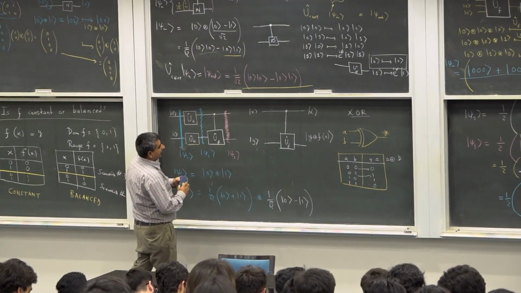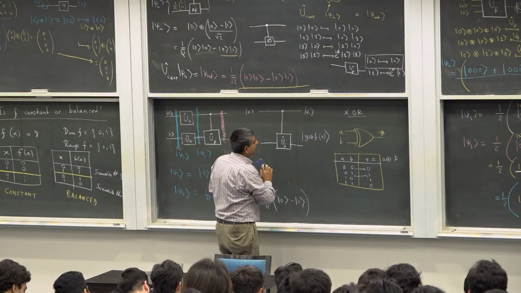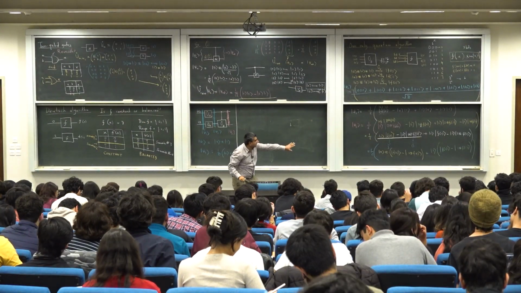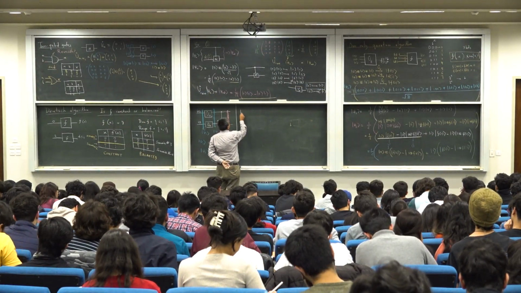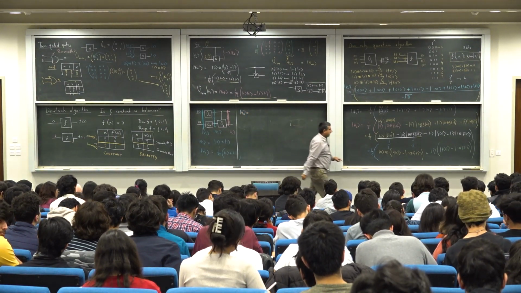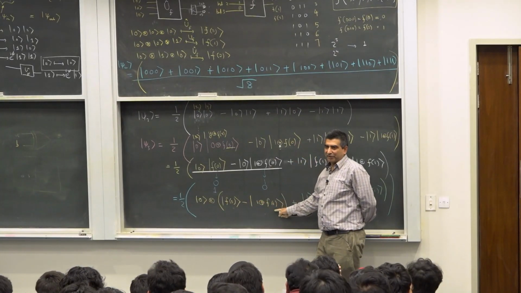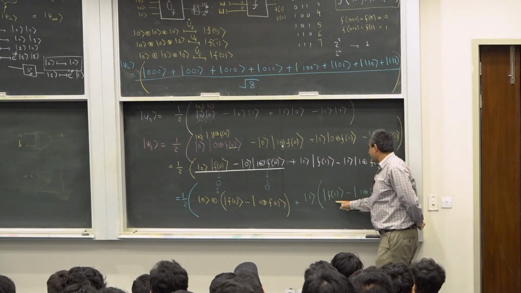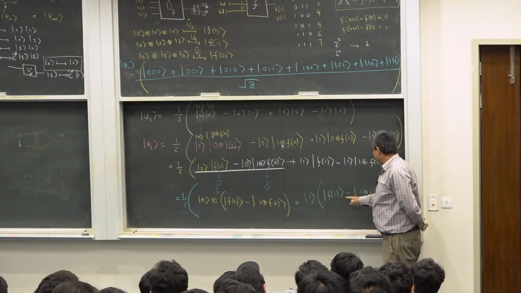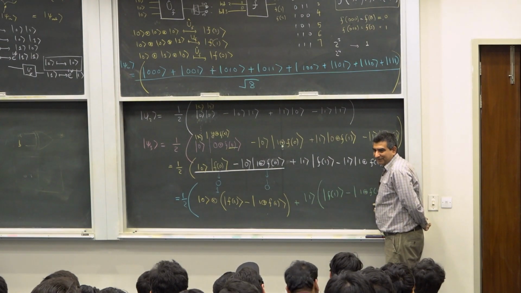What should I erase? Let's erase this. No, I need all of this. I'm still at psi 3. If this term is 0, this term is 1. If this term is 1, this term would be 0. If this term is 0, this term would be 1.